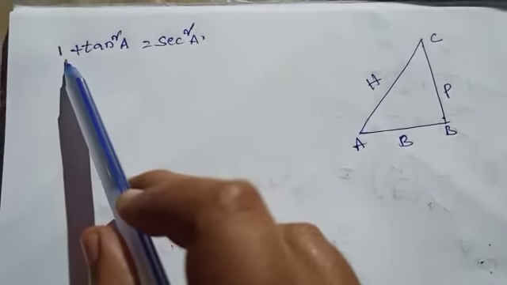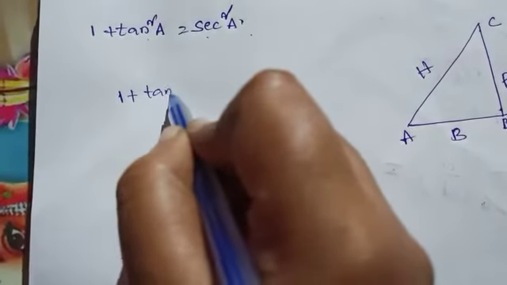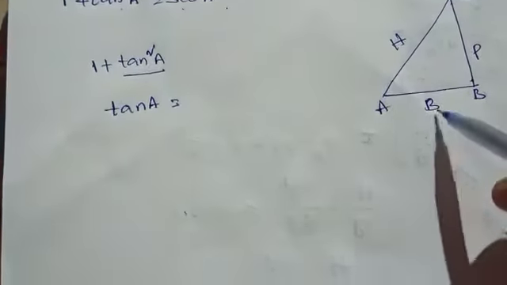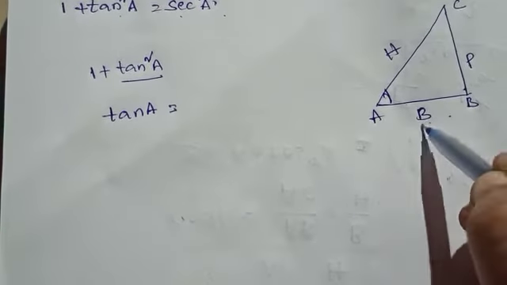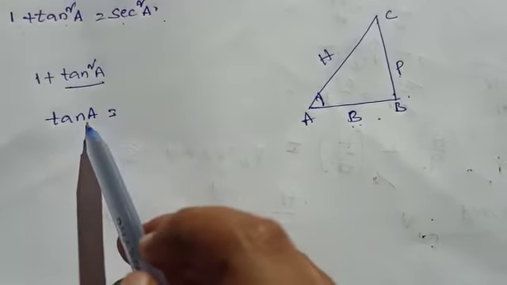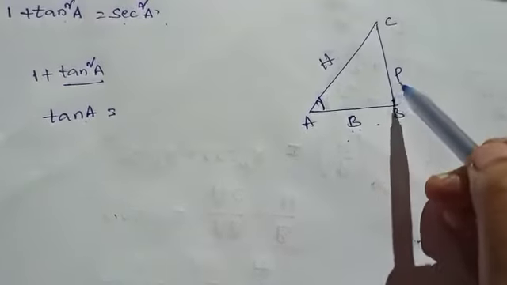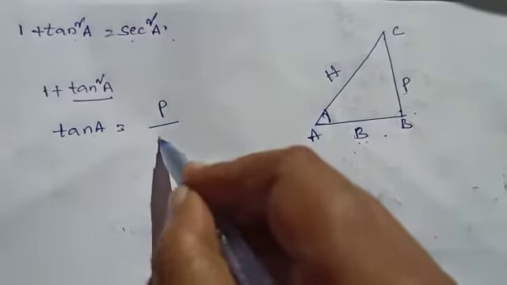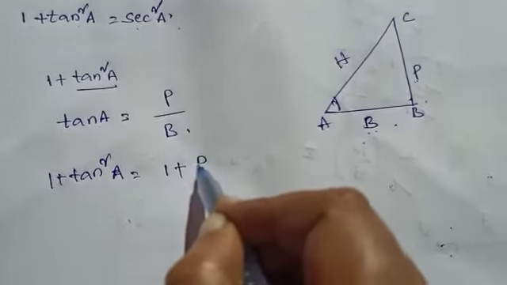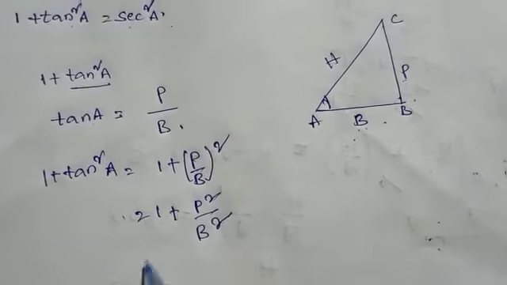Next trigonometric identity: 1 plus tan square A equal to secant square A. We know tan A equals side opposite to the angle A by side adjacent to the angle A, with reference angle A, base B and perpendicular BC equal to P, so tan A is P by B. 1 plus tan square A equals 1 plus (P by B) whole square, which is 1 plus P square by B square.